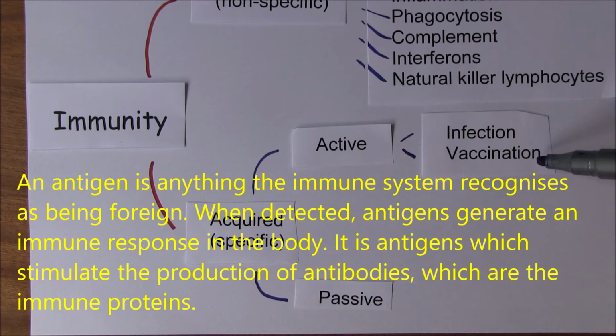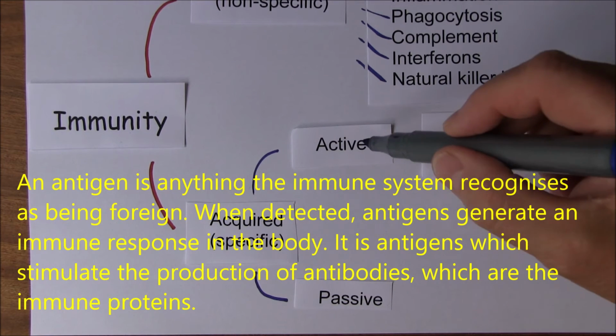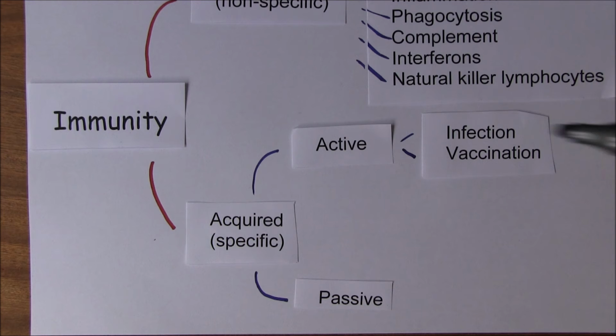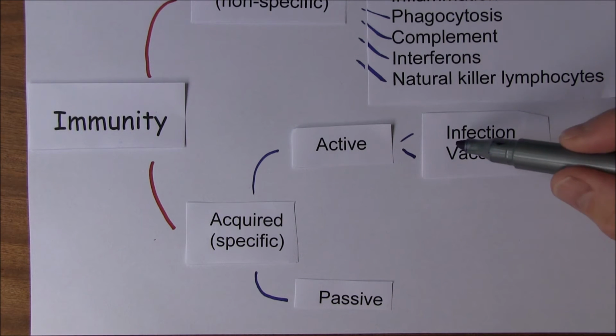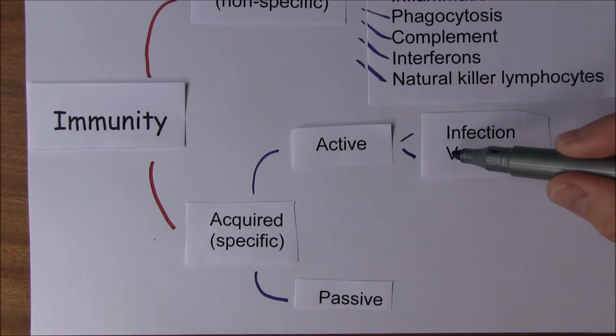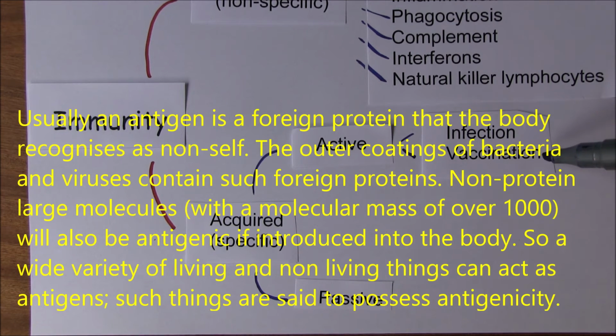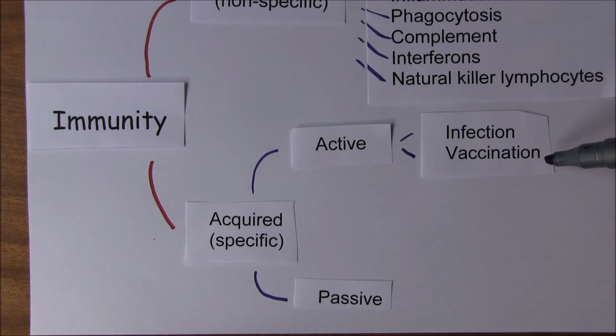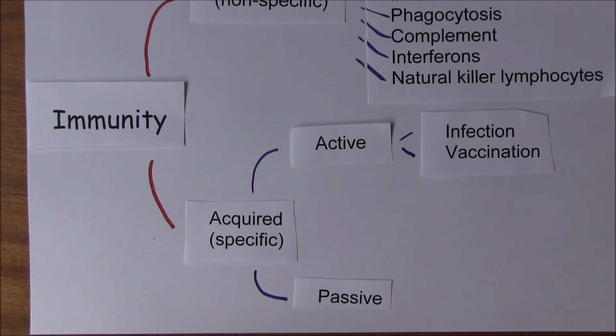And this will allow them to generate an active immunological response, generating active immune proteins, but without having the condition themselves, because the vaccine consists of dead or attenuated antigenic components from the organism. And this means basically that the immune system will recognise the organism and be able to eradicate it quickly should it come to infect their body.